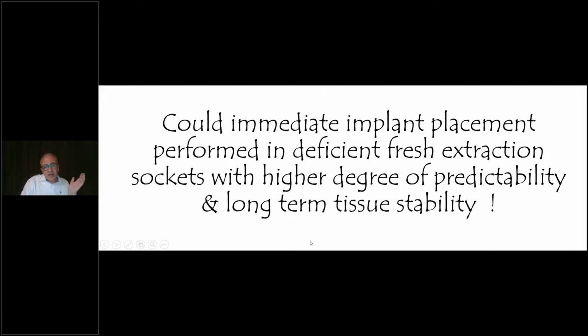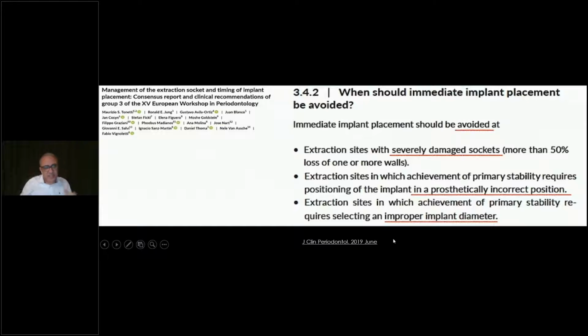Well, Tonetti et al., with their workshop in periodontology in 2019, stated that immediate implant placement should be avoided when extraction sites were severely damaged, that is, more than 50% loss of one or more of the walls of the socket. So this is something that has been stated and then confirmed.